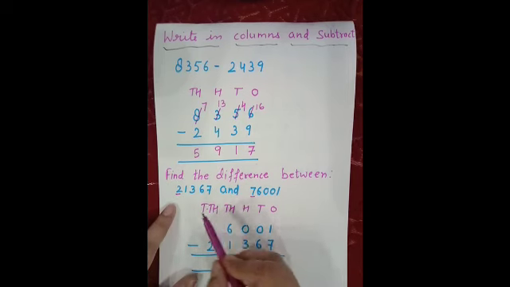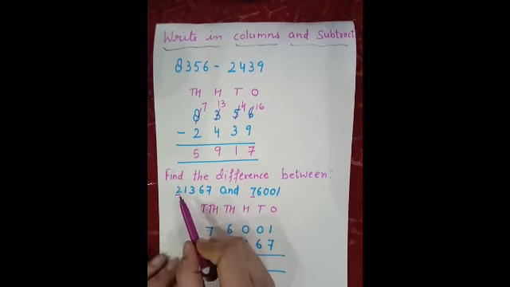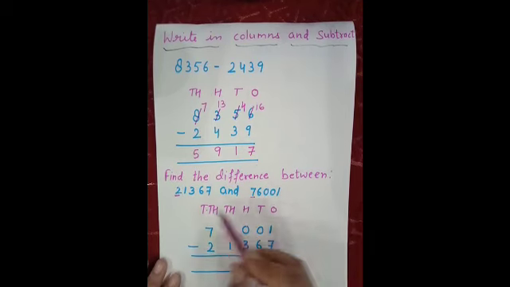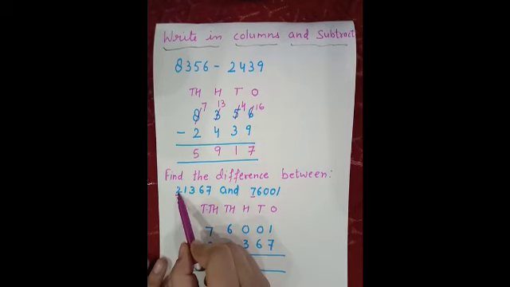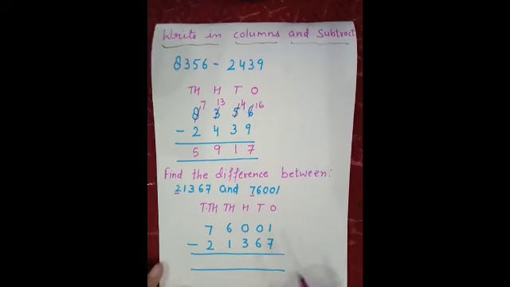So we read the number from the extreme left side, and we always start solving the sum from the extreme right side. So out of 3 and 7, 7 is greater. It means 76,001 is greater, and it will be written as the minuend, and 21,367 is smaller. So it will be written as the subtrahend.